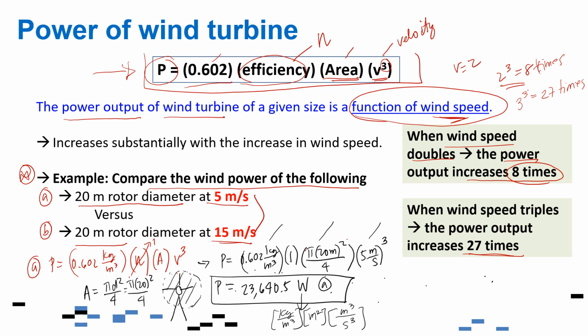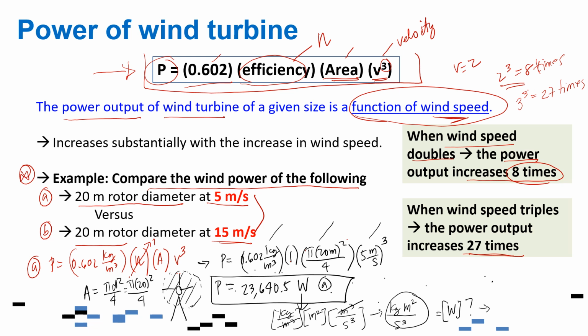So we can cancel cubic here. What happens is we have kilogram square meter per cubic second. So is this unit the same as watts? Let's see if it's the same as watts.